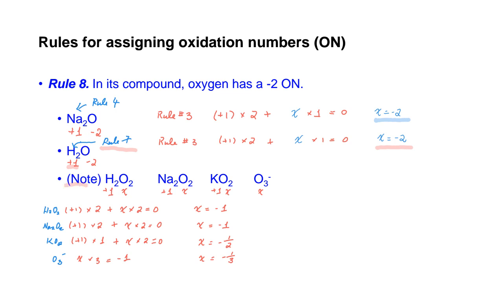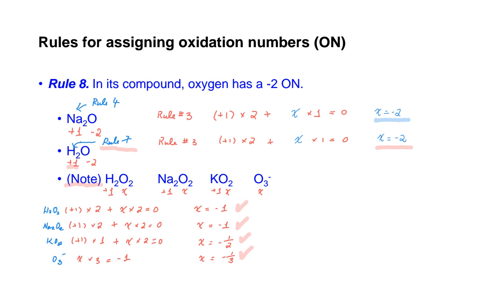Here I have a few examples that show oxygen can have various oxidation numbers. Again, you put X for the oxidation number of oxygen, and then follow rule number 3. If you solve for the oxidation number of oxygen, as you can see here, it can have various values.